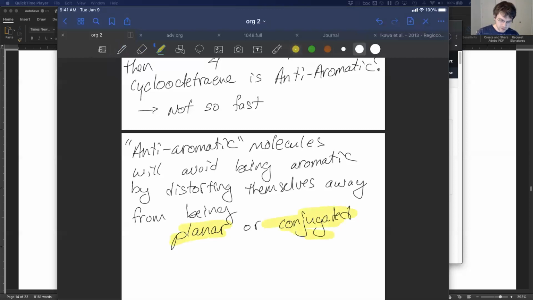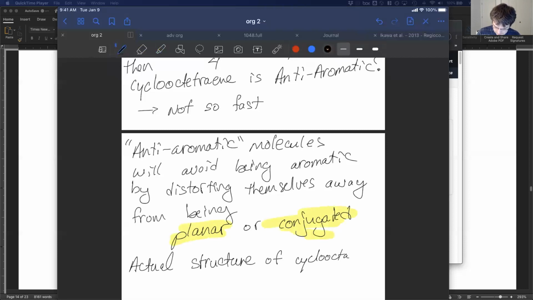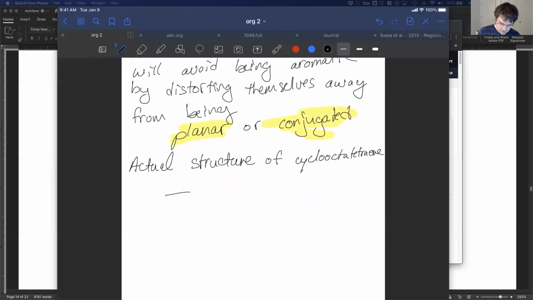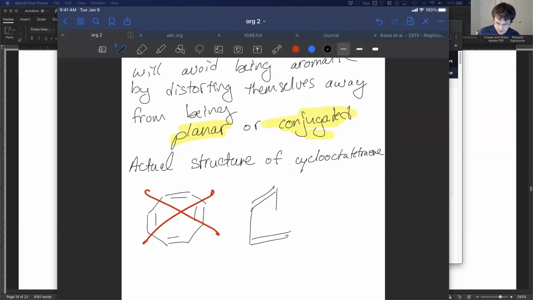Well, how does that work? Well, it turns out that the actual geometry of cyclooctatetraene isn't what you would expect. It's not this beautiful flat octagon where all the bond lengths are identical. That's not realistic. Instead, the molecule, recognizing that it could become anti-aromatic if it's not careful, adopts a chair structure.